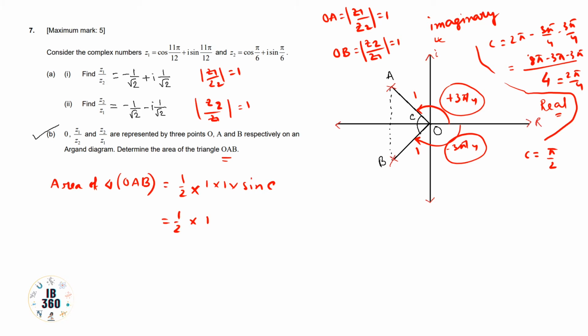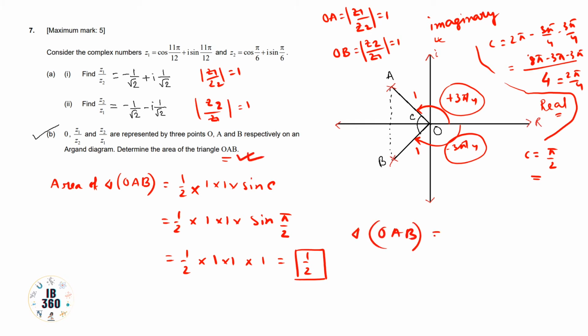So half into 1 into 1 into sine of pi by 2, since the value of C is pi by 2. So we are getting half into 1 into 1 into 1. So basically the area of triangle OAB is half.